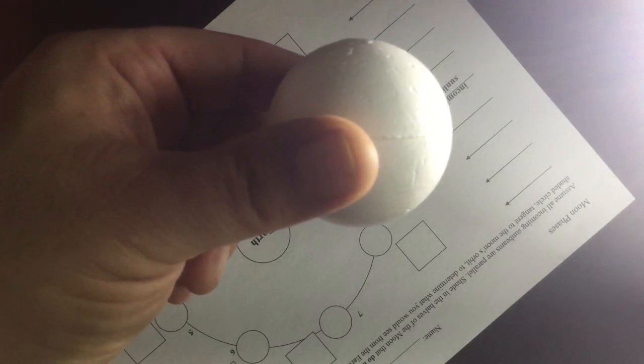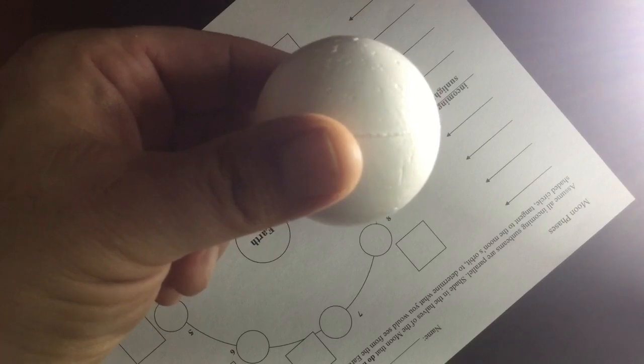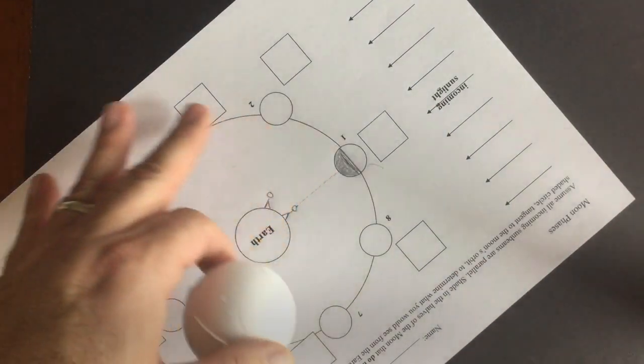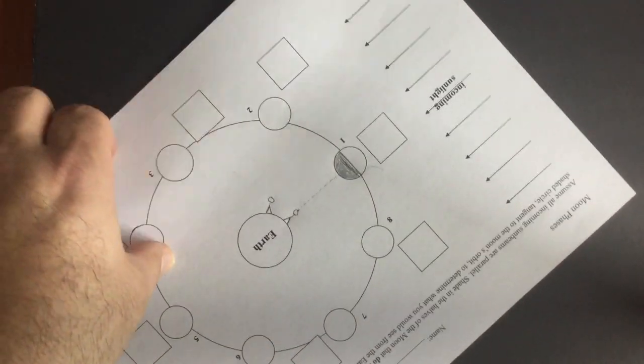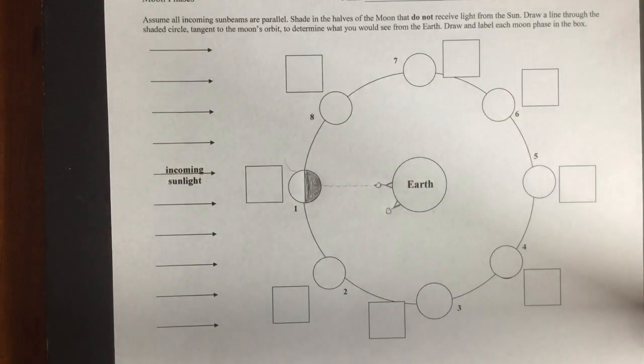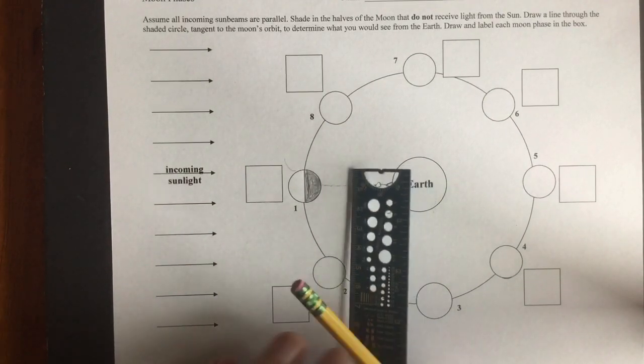Now, this is the view from Earth, and you'll notice I've got my paper all turned around now. So, in the box, what would that drawing look like? Again, the sunlight is coming in from the left.